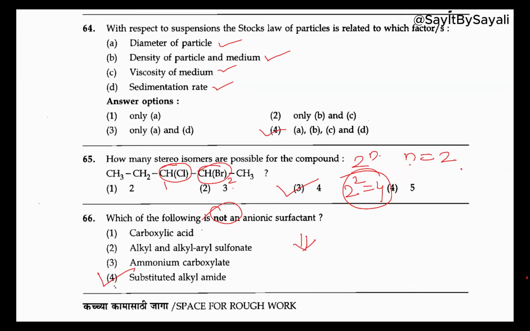Substituted alkyl amide. Anionic surfactants have a negatively charged hydrophilic head group, and the carboxylic acid, alkyl aryl sulfonates, and ammonium carboxylates all form anions in solution and function as surfactants. Only substituted alkyl amides are generally non-ionic surfactants, and they do not ionize in water to form a charged head group.